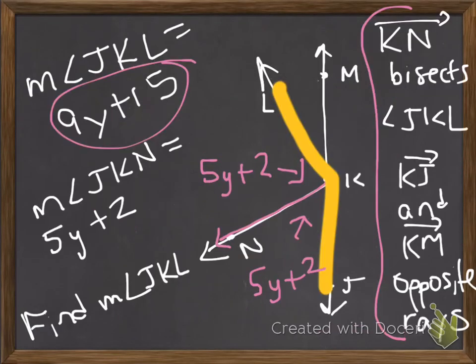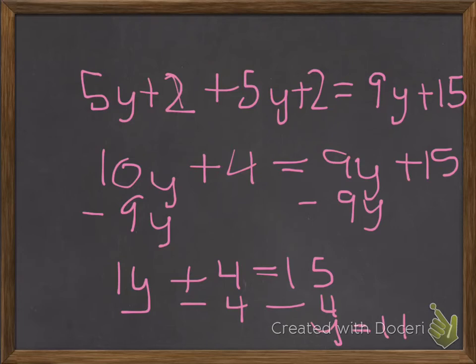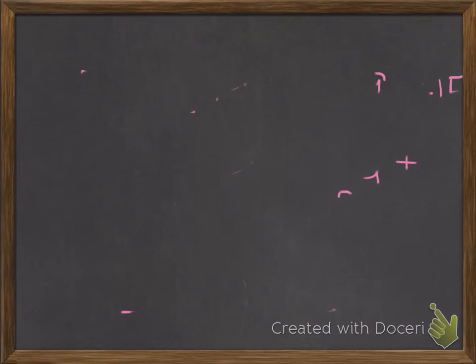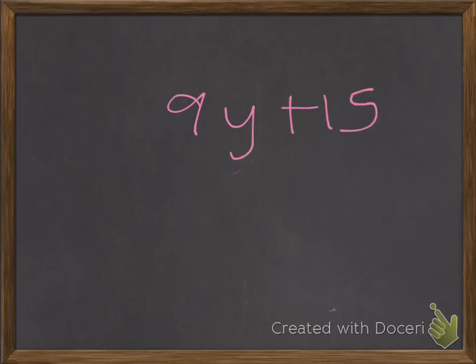Now that's not my answer. My answer needs to be the measure of angle JKL. So I would just plug y is 11 into this expression here, 9y plus 15. If y is 11, we plug it into 9y plus 15.